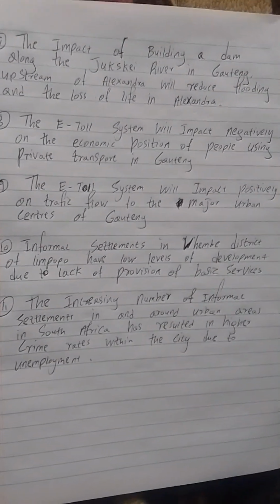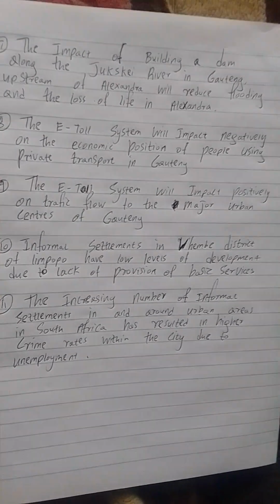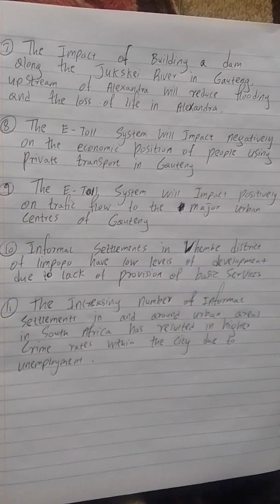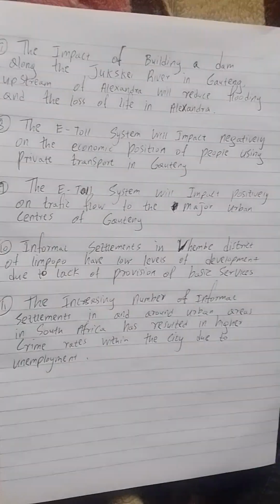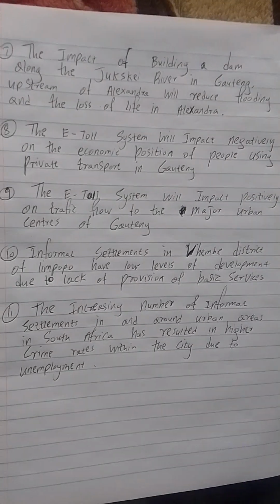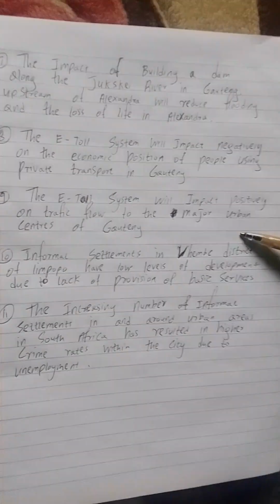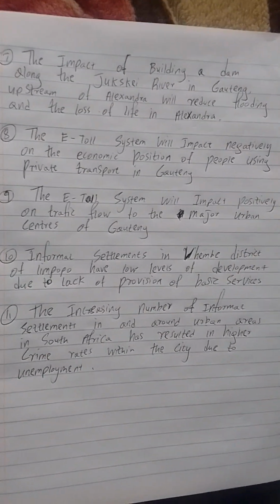They will be able to put up the lights on the road, the traffic lights and all those beautiful things, and there will be no potholes and all those things. So that is the positive impact. So for this question and that one, you choose which one you go with, the positive impact or negative impact on traffic flow.